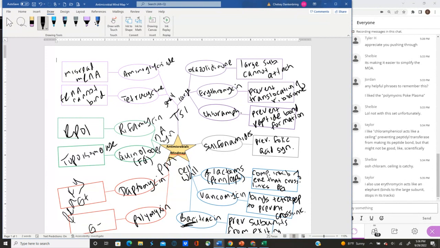All right, y'all, questions about this? So for some of the drugs, I don't have anything super clever off the top of my head, but like tetracycline deals with tRNAs. So the tetracyclines block tRNA. And I think in one of my classes, we were talking about the aminoglycosides, the one at the top of the left-hand column.